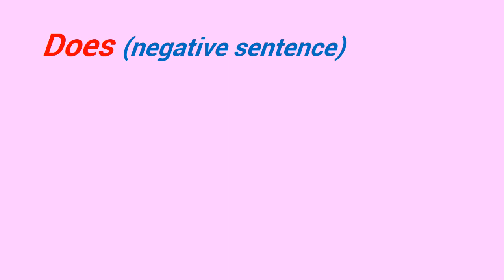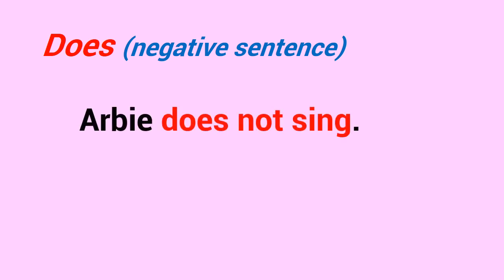Have does. As we remember, does is used when the subject is singular, meaning only one in number. Now let's have does used in a negative sentence. Arbie does not sing. Does here is paired with sing.